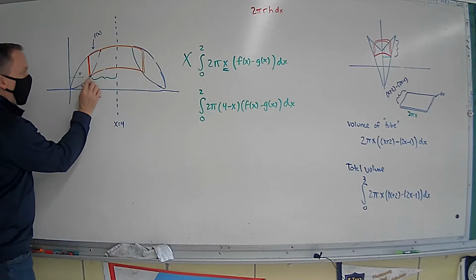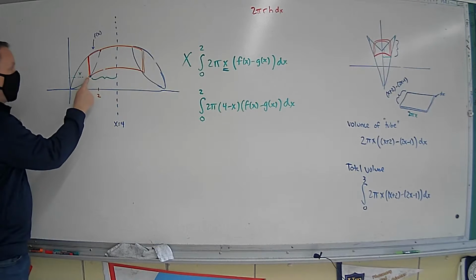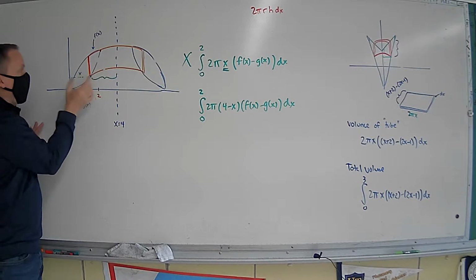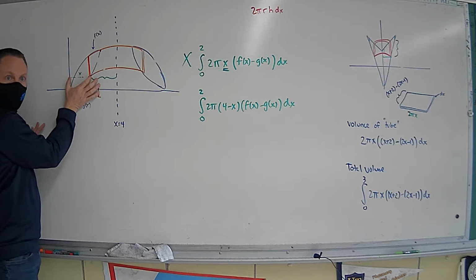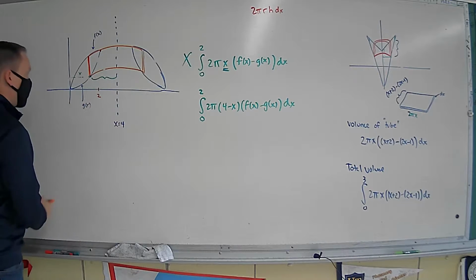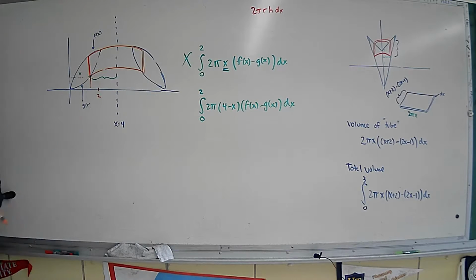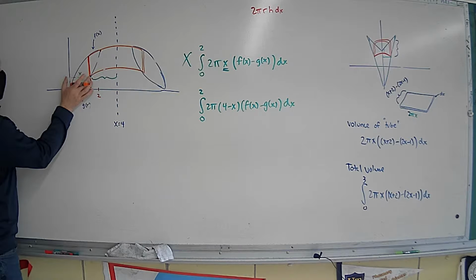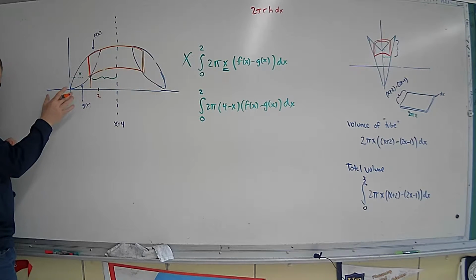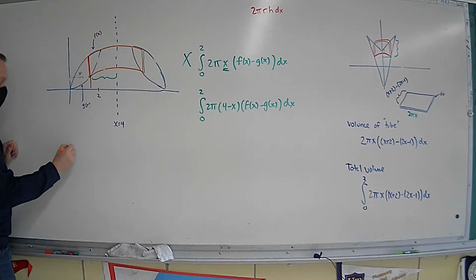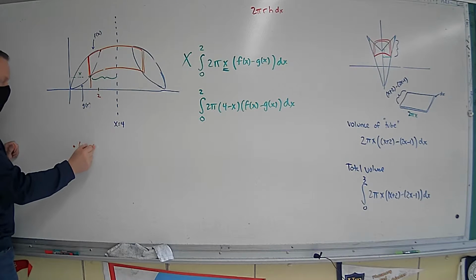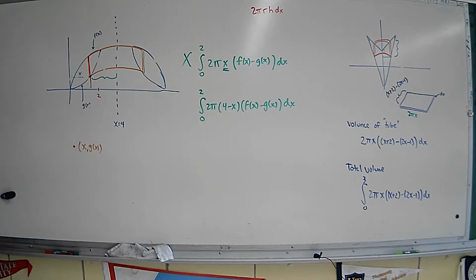And g of x is not that distance. G of x is that distance. This distance right here is x. In fact, the coordinates of that point right there are x, comma, g of x. Isn't that the coordinate of that point? x, comma, g of x.